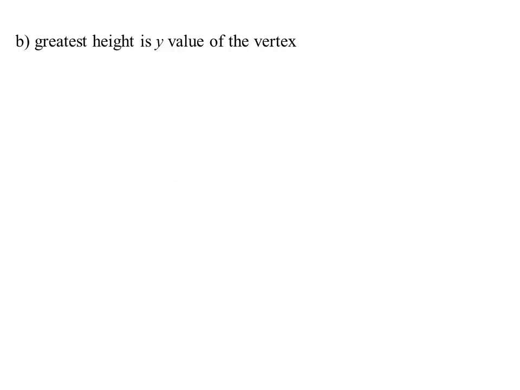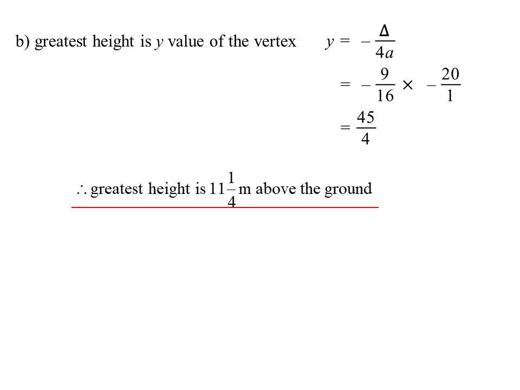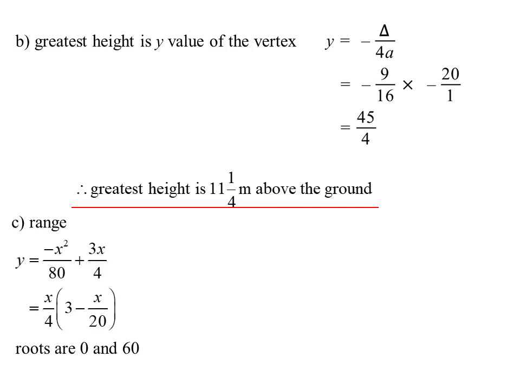The greatest height was one of the questions we had to ask. Well, what I'm saying is y value of the vertex. So now I can go, that's minus the discriminant on 4a, and there's the answer we saw before, 45 on 4, but it makes more sense to say 11 1/4 when we're talking about how high is something. The range, okay, let's solve that quadratic, and we get 0 and 60, so the range is 60 meters.